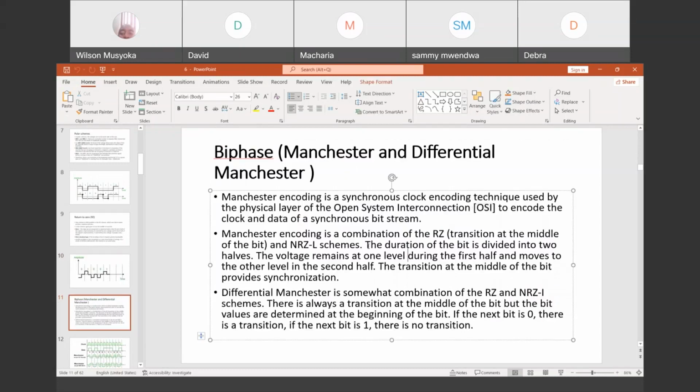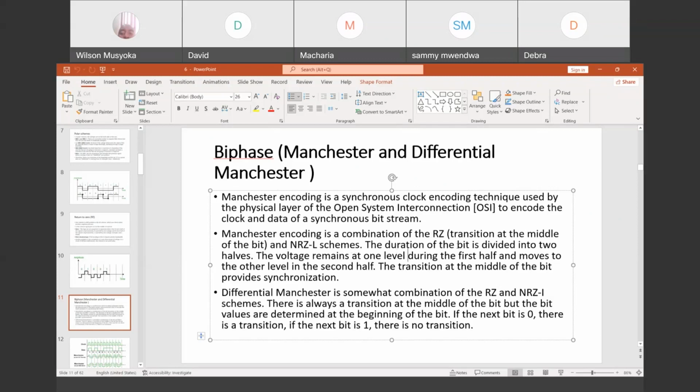So if there is one concept you need to understand, the others are still important. You need to understand them like we have done. But now the Manchester and differential Manchester have been practically implemented in the OSI model for data encoding and decoding. And we are saying that in the Manchester encoding, we normally have the combination of return to zero and non-return to zero level.